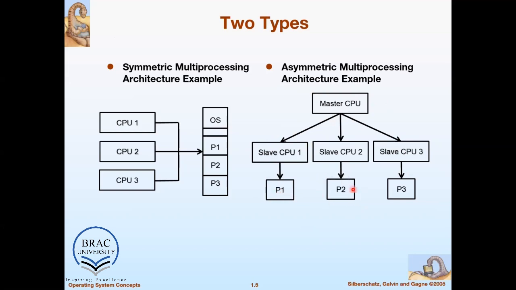Here slave CPU1 takes care of process P1, slave CPU2 takes care of process P2, and slave CPU3 takes care of process P3. Slave CPU1 can only take care of P1, and P1 is not taken care of by slave CPU2 or slave CPU3. Also, if a slave CPU fails, the master processor takes care of how the load will be distributed.